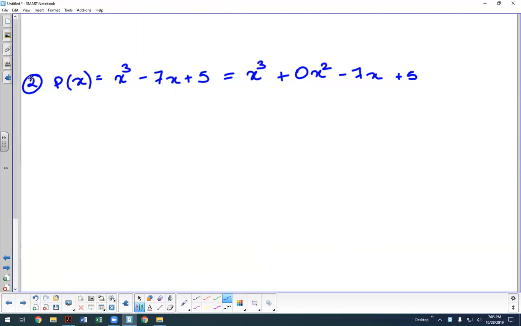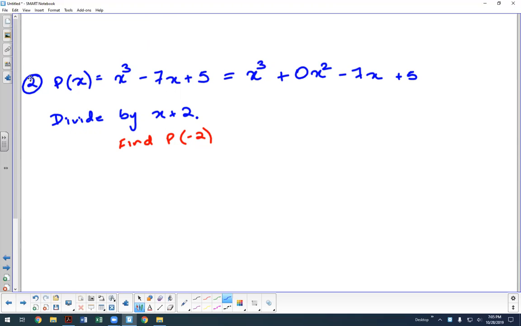And then they're asking us to divide this by x plus 2. So that actually means, in essence, they're asking us to find P of negative 2. Remember, you have to change the sign for your divisor when you're doing synthetic division.